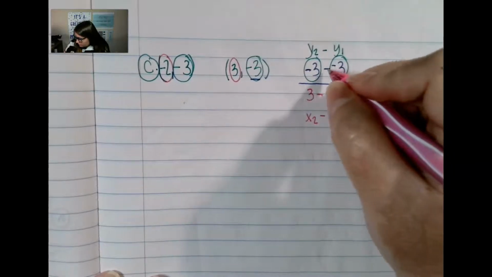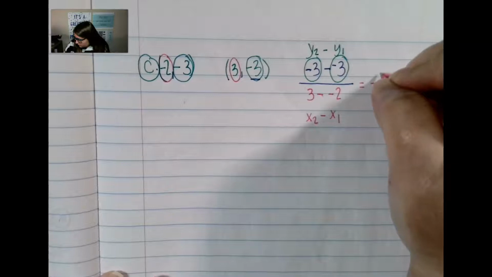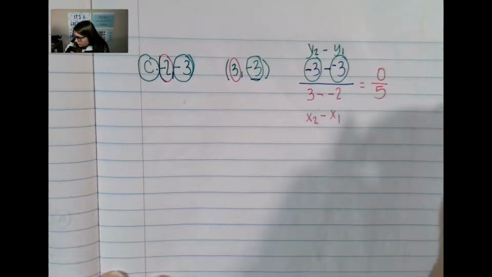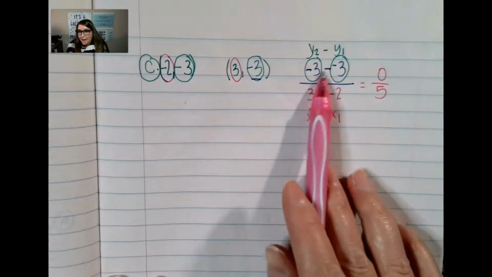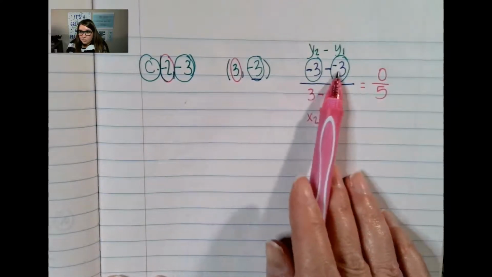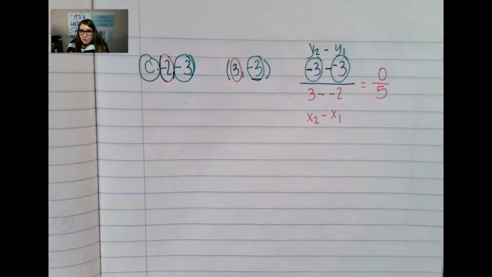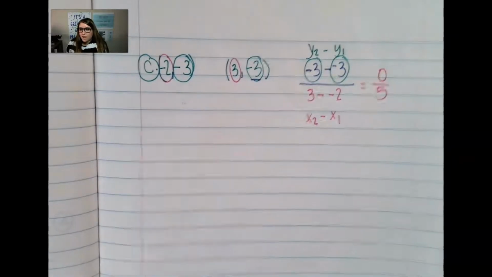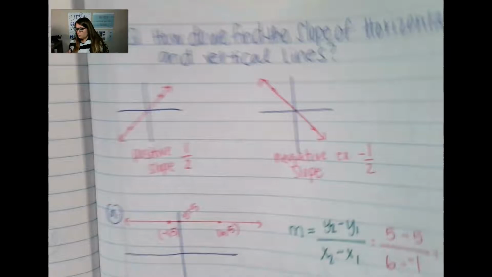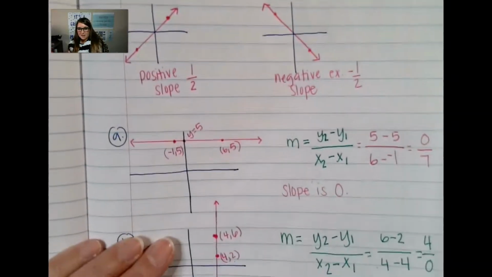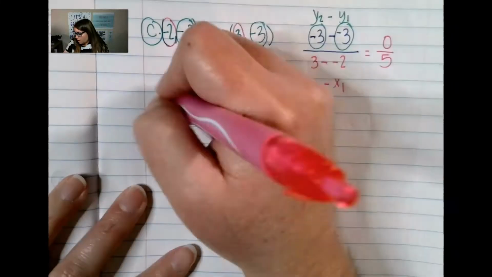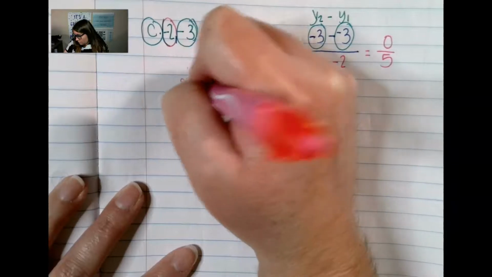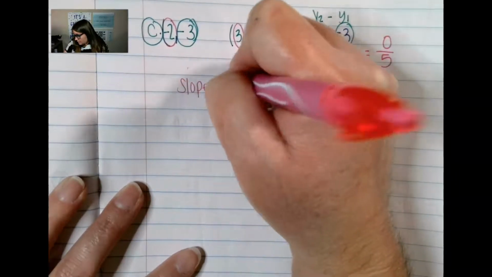And -3 minus -3 gives us 0. Because it's like adding again. So -3 plus a 3 gives you 0, and 0 divided by 5. So if we have nothing and we divide it, our slope is still nothing. So because it has the 0 on the top, the slope is 0.